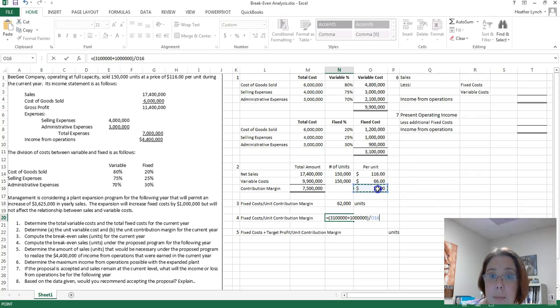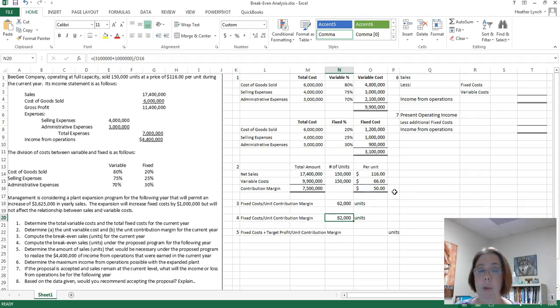Divide that by your contribution margin per unit. So now if we go with this new program, we have to break even 82,000 units.